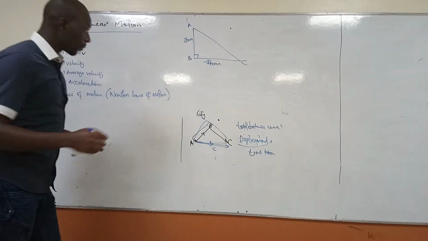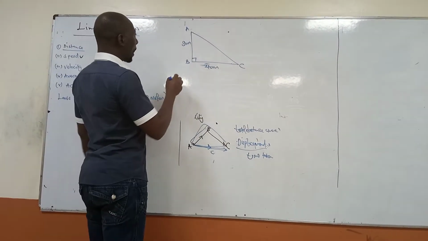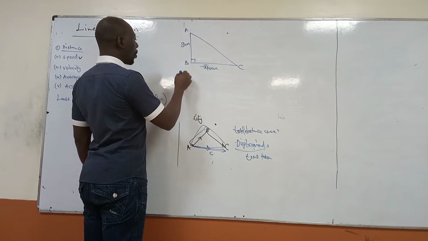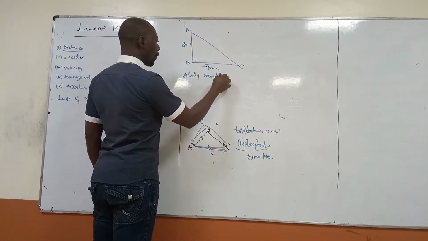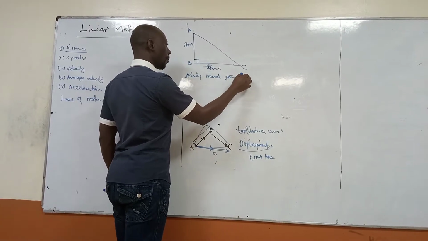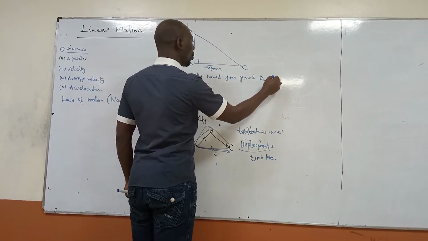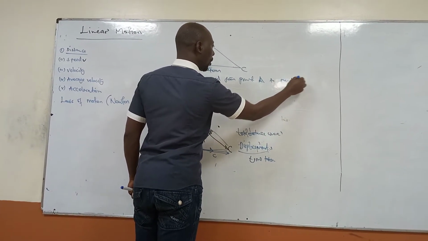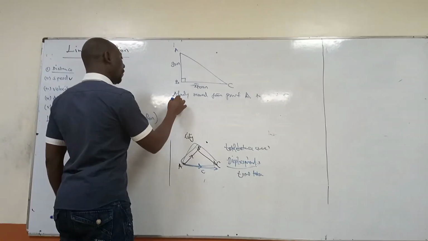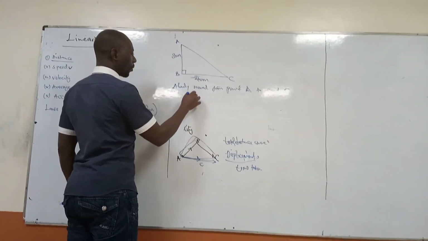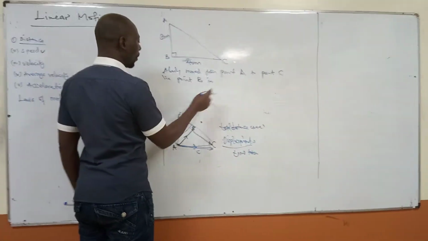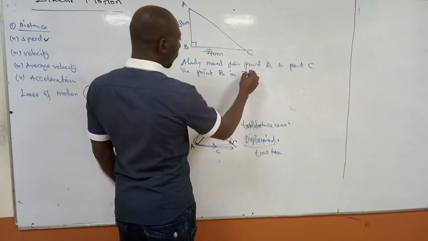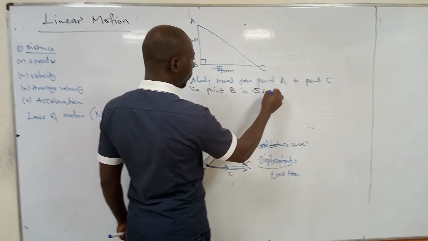So you are told that a body moved from point A to point C via point B in 5 seconds.